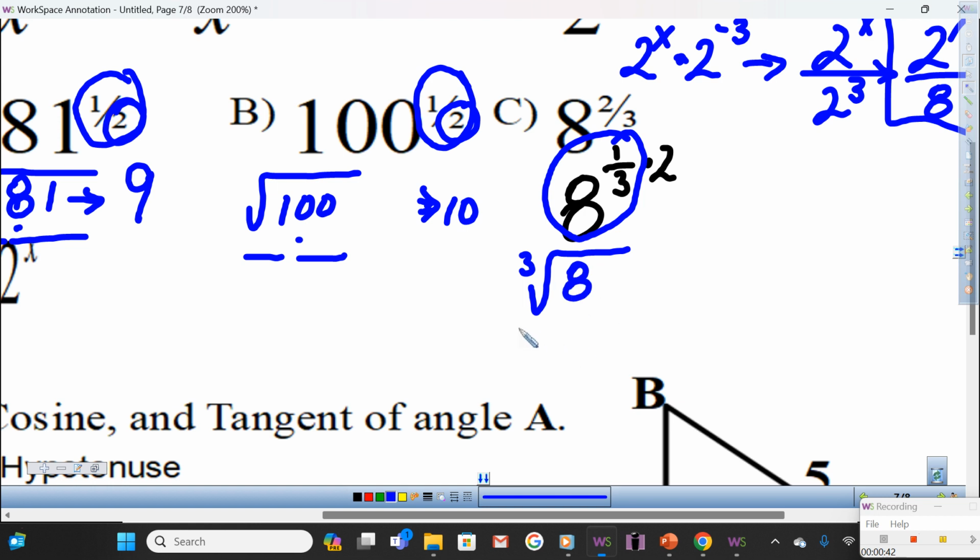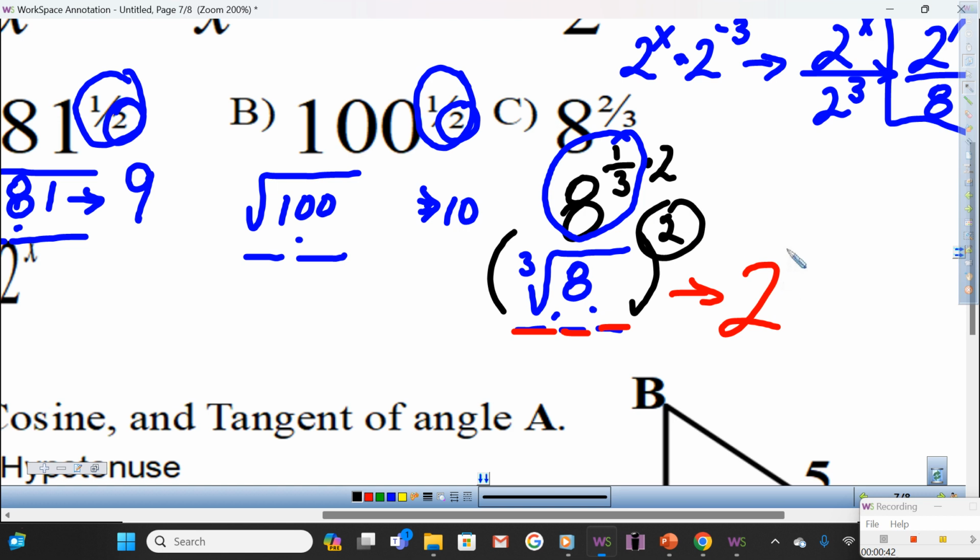That means what number times itself how many times? 3 times. Then at the end, we take that to the second power. So question, what number times itself 3 times gives us 8? What was it? 2 times 2 times 2? Yes. 2. And then we bring the exponent of 2 next to that. What is 2 to the second? 4.